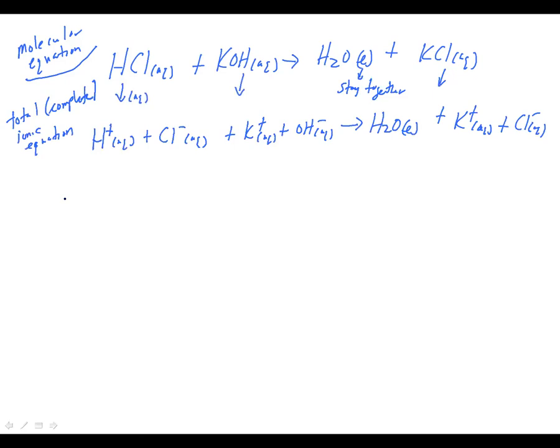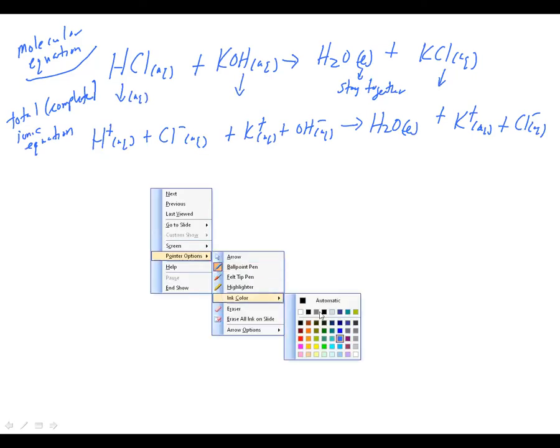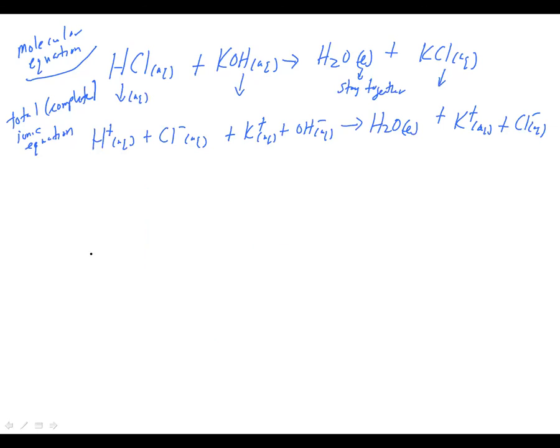And when you write the complete ionic equation, you will always, in most cases, find some ions that look exactly the same on both sides of the arrow. So if we look at this arrow, we have Cl minus on the left-hand side. We also have Cl minus on the right-hand side.